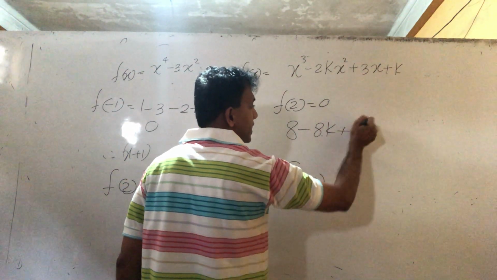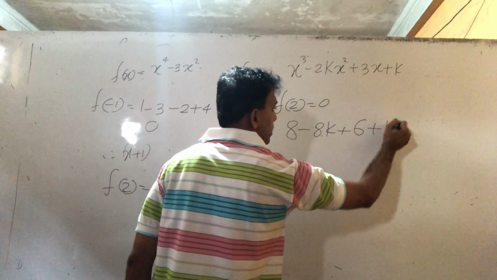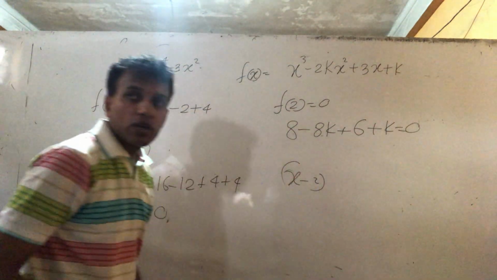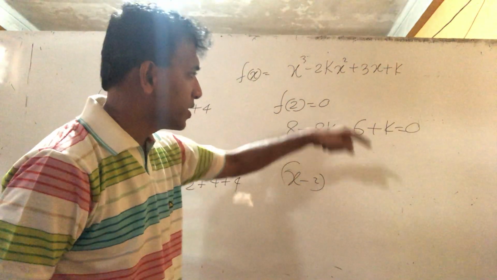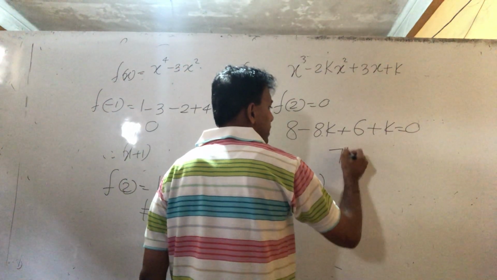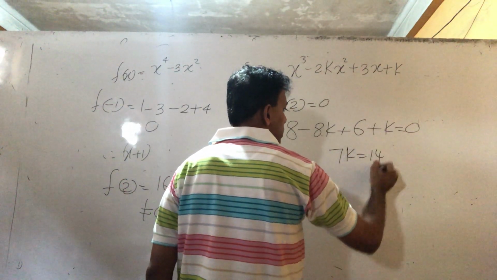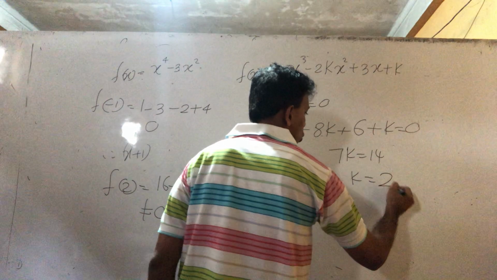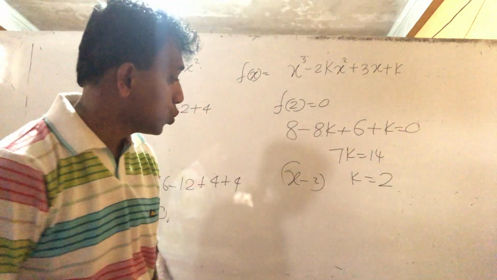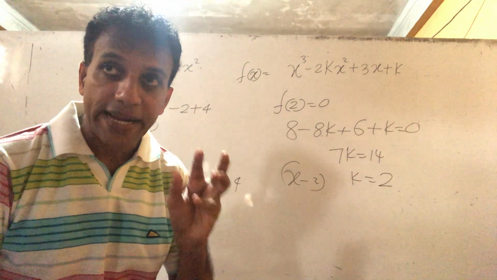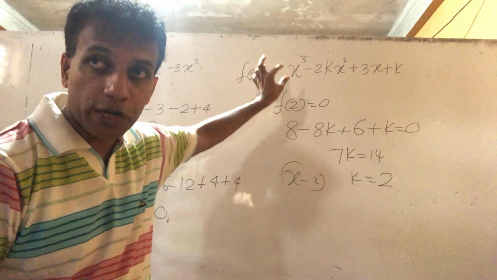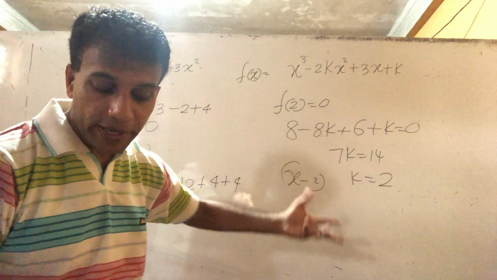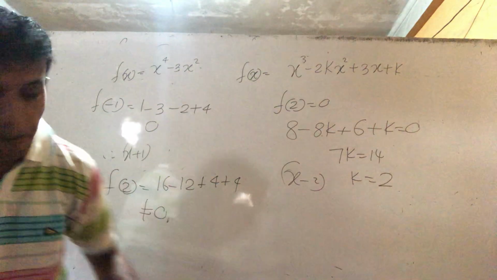Put x for 2, 6 plus k equal to 0. After your primary solving, take over 7k. 7k equals 14. Therefore k is 2. For k is 2, x minus 2 is a factor of that cubic polynomial, or it can be divisible by x minus 2, right?